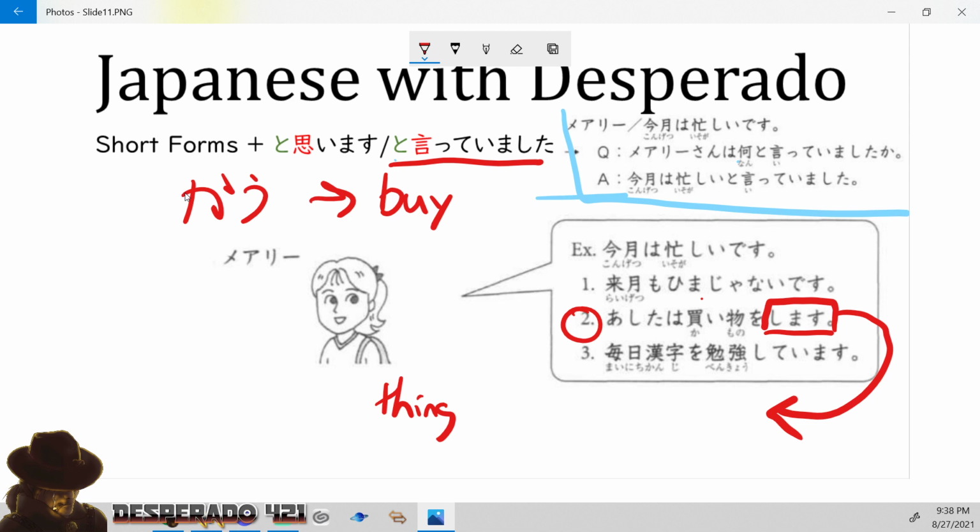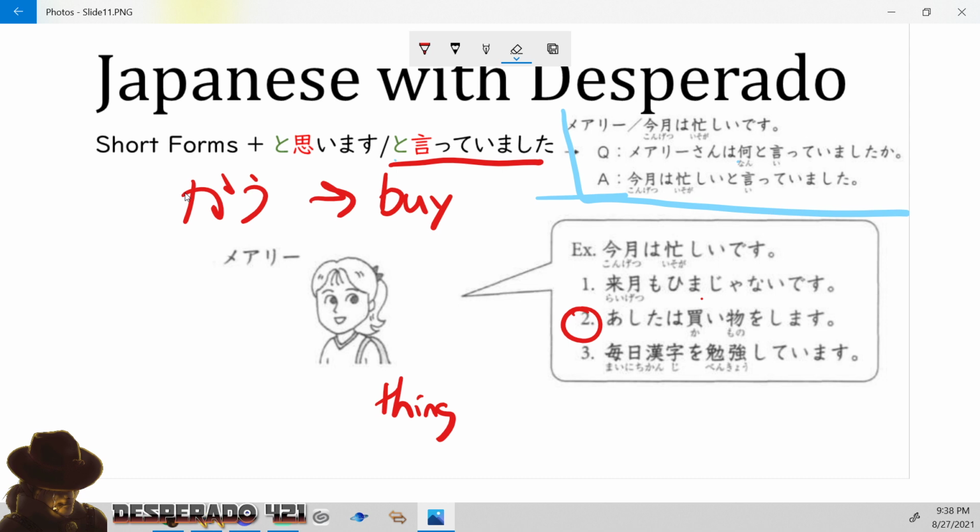Suru. That is correct. So suru to ite imashita. Very good. Now let's do the whole thing. Meri-san wa ashita wa kaimono o shi suru to ite imashita.